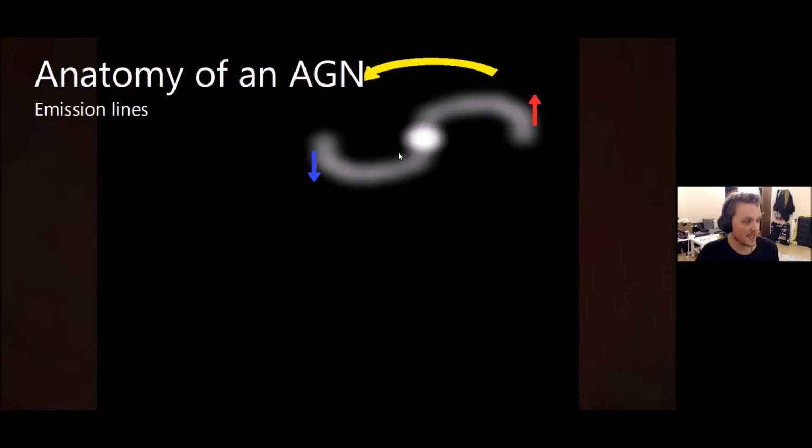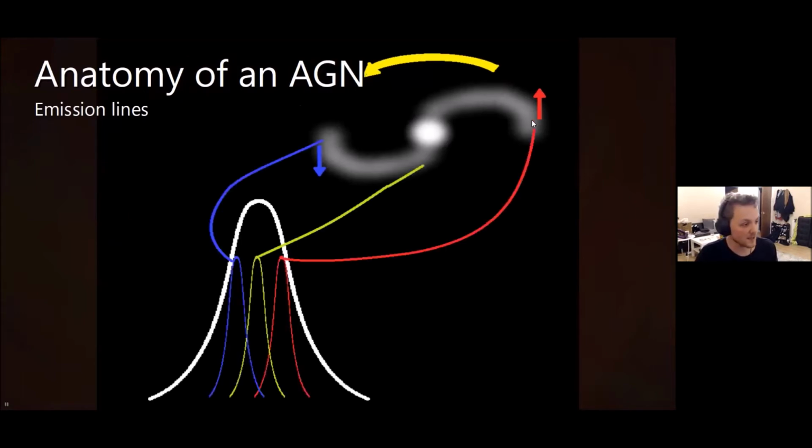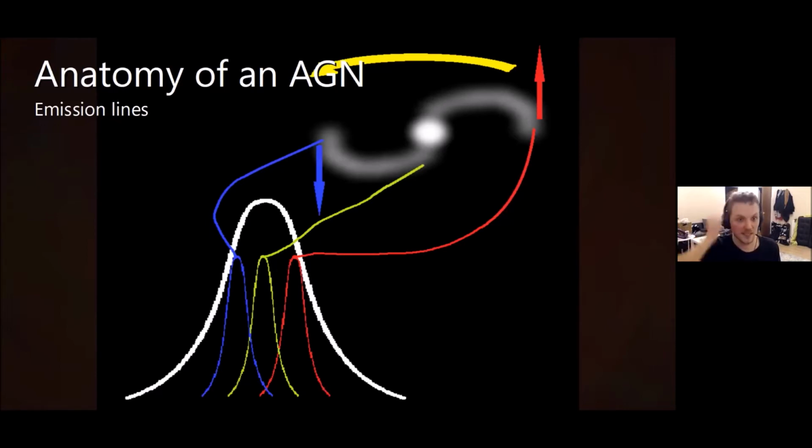If one arm of the galaxy is moving towards us and another arm is moving away from us, the arm moving towards us is blue shifted, and the arm moving away is red shifted. We also have the central emission. The total emission line we get is the sum of all of these emission lines. But if the galaxy rotates even faster, the arm coming towards us is blue shifted even further, and the arm moving away is red shifted even further.